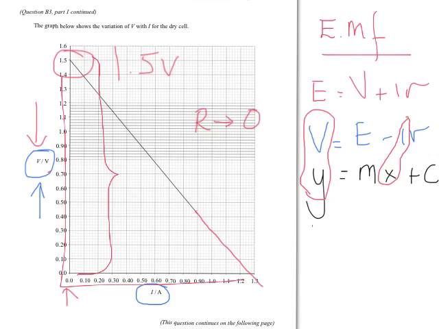So 1.5 minus 0 divided by 1.25 minus 0. Now remember, one of them is minus, so this would give you a minus answer, which gives you a value of 1.2 ohms.